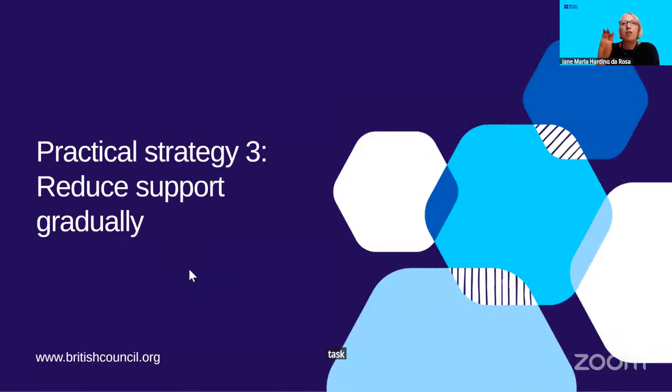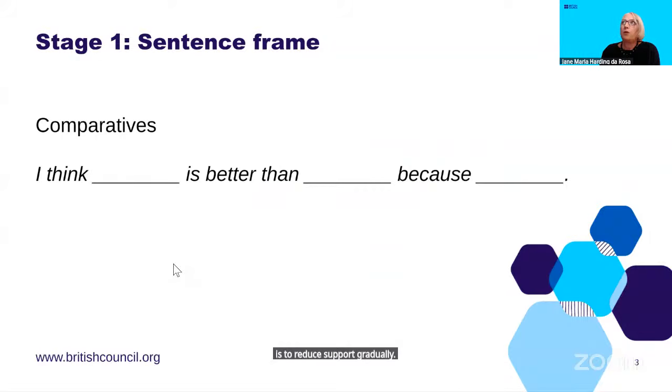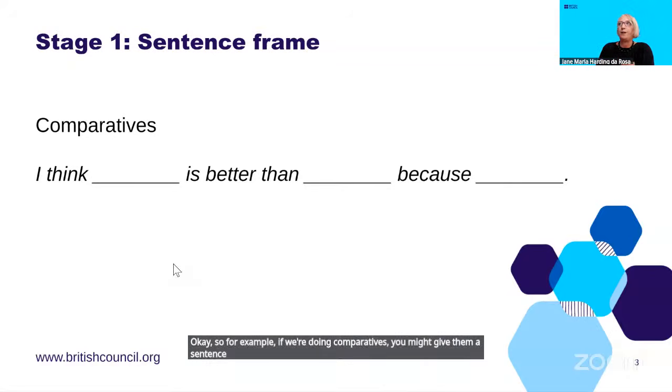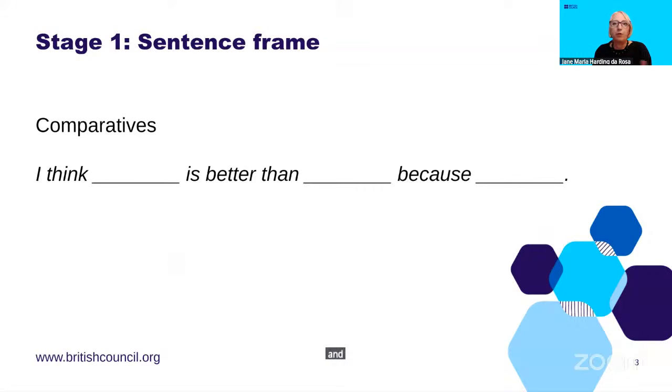Right, so our 3rd strategy is to reduce support gradually. So for example, if we're doing comparatives, you might give them a sentence like this: I think it's better than because, and you want them to fill in those gaps. So you might think, I think buses are better than cars because they're cheaper.